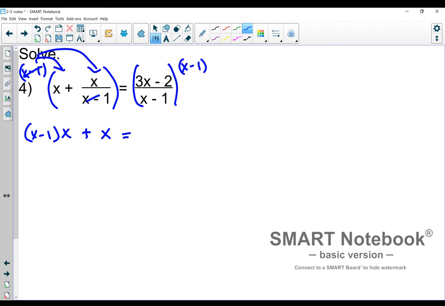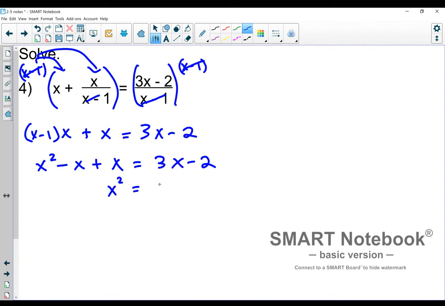Because when I have a common factor in the numerator and denominator, I'm basically dividing it out. It's a 1. And then over on the right, same thing. We have a 3x minus 2. So now I'm going to distribute: x squared minus x plus x. And then this is just x squared. I want to get everything on the same side as x squared. So we'll have x squared minus 3x plus 2 equals 0.